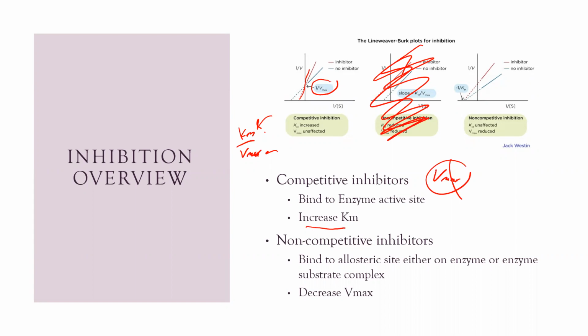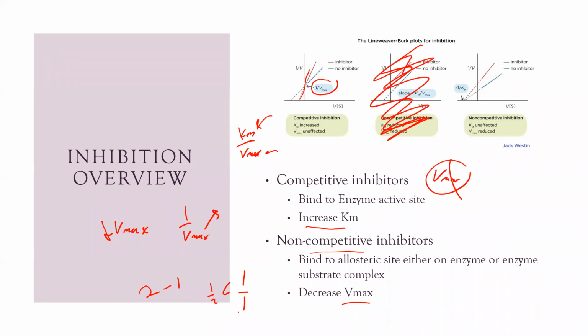Yeah, okay. And so going to non-competitive inhibitors, we're decreasing Vmax. So this is kind of counterintuitive. If I decrease Vmax, what does that do to 1 over Vmax? Increases it, right? So think about it this way. If I go from 2 to 1, 1/2 is less than 1 over 1, right?